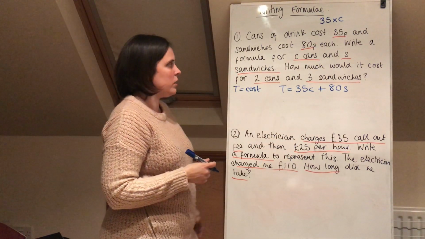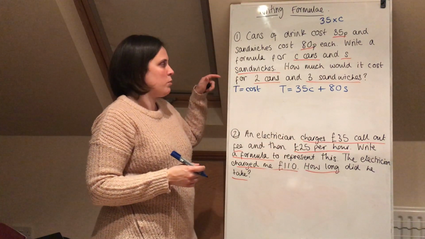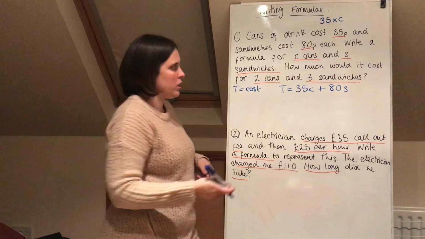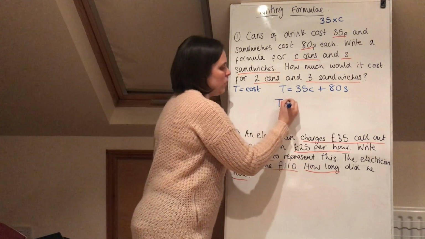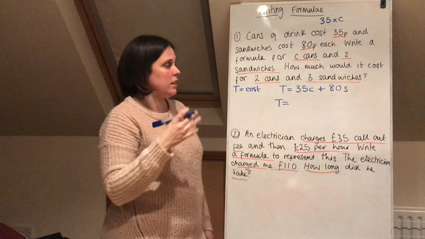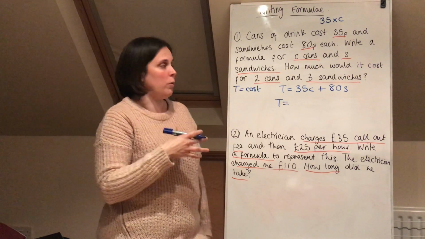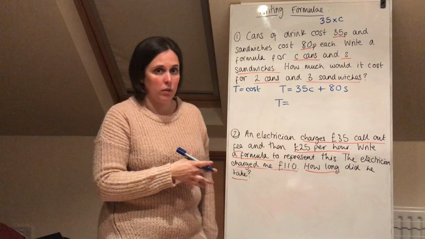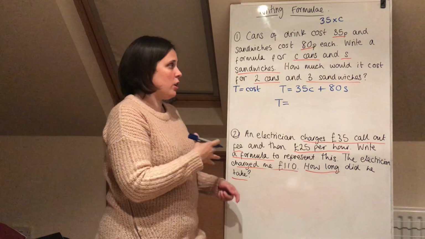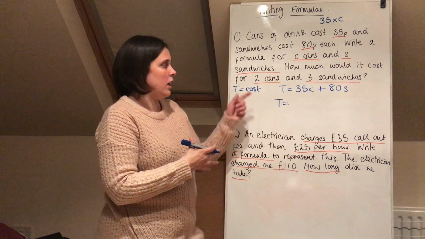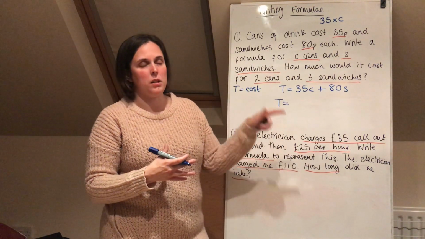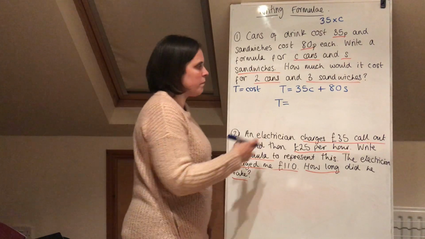Quite nice and straightforward. Then it says how much would it cost for 2 cans and 3 sandwiches. So all we do is replace the letters in the formula with the numbers, which I've been through in a previous video showing you how to substitute numbers into formulae or expressions.